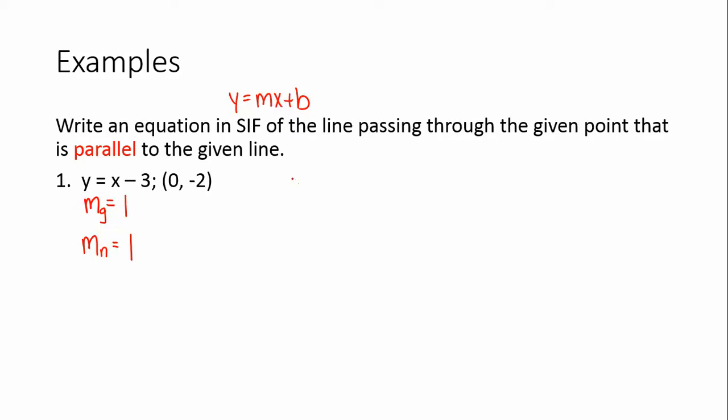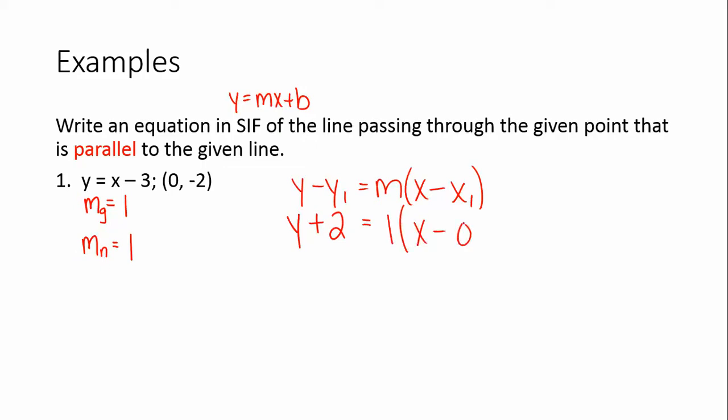So remember, point slope form is y minus y1 equals m times x minus x1, and then we're going to rearrange that into slope-intercept form. So our line goes through this point, so we're going to do y plus 2, remember minus a negative. The slope of the new line is 1, and we're doing x minus 0.